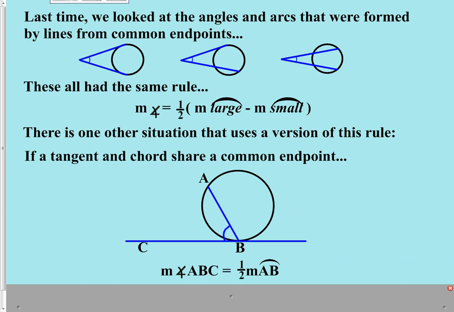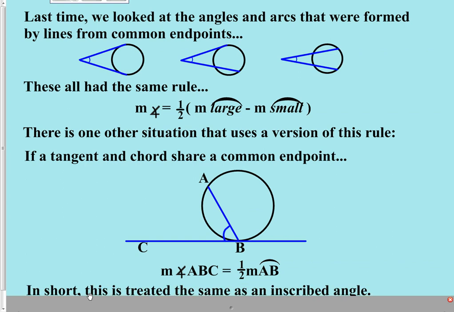So if you were to try to plug this into the other formula, you would have a large arc, which would be AB, and then your small arc doesn't actually exist, or technically that would make it 0. So you have your large arc minus nothing. So basically you just have the large arc. So it's the same formula, however the small arc does not appear in the formula because there is only one arc to consider.